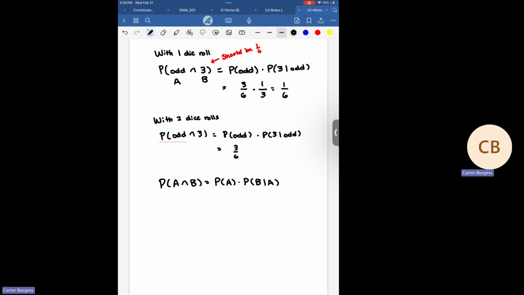Now, given that the first roll was an odd, would we expect that to have any kind of bearing on the second roll? No. We wouldn't expect the first roll to affect the second roll at all. Therefore, these are independent events rather than dependent events like we saw originally.